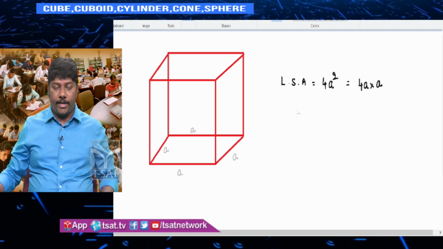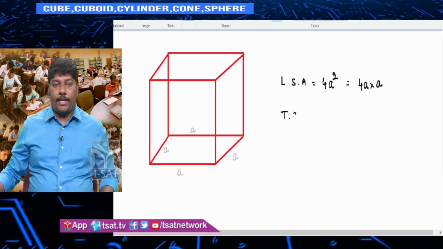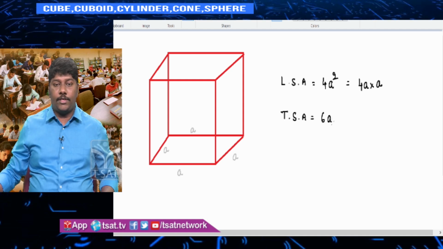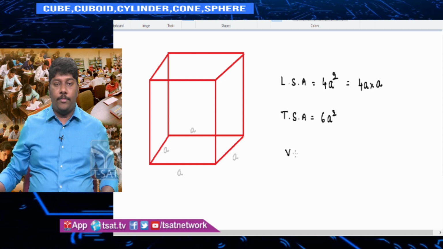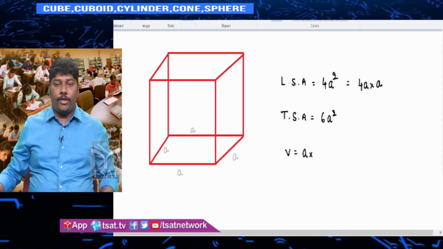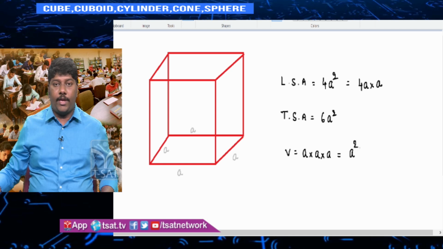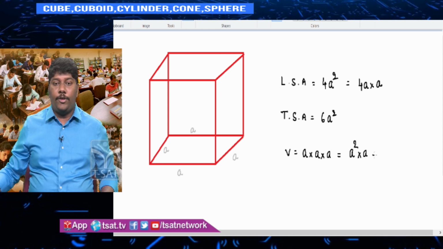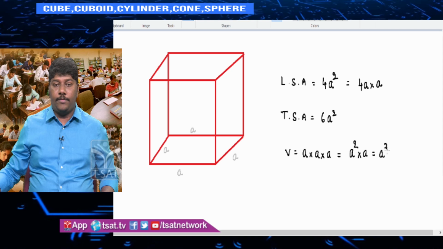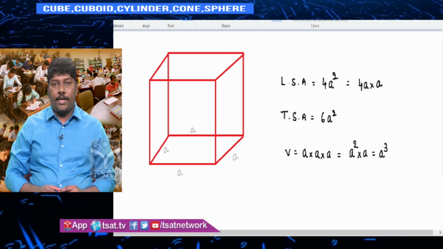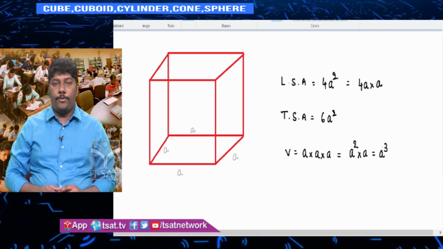Total surface area is all 6 squares, therefore 6 a square. Volume is length into breadth into height, a into a into a, or base area into height. Base area is a square, height is a, therefore volume of a cube is a cube. So, lateral surface area is 4a square, total surface area is 6a square, and volume is a cube.